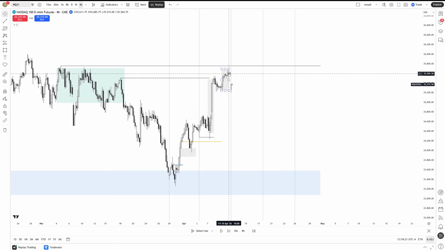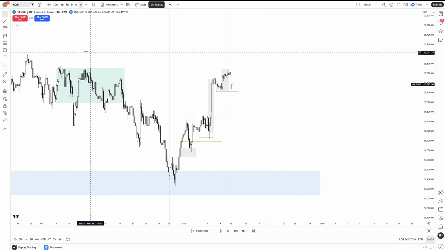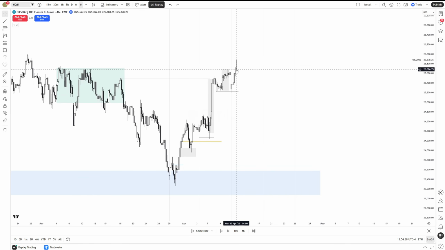So what happens? We then begin to retrace. We get a new level of manipulation. We sweep lows. Now, is this a market structure shift to now sell the market? No, because we understand through profiling that these highs are the draw on liquidity. So if you play this out, that gives you another day of bias, right? Monday plays out.